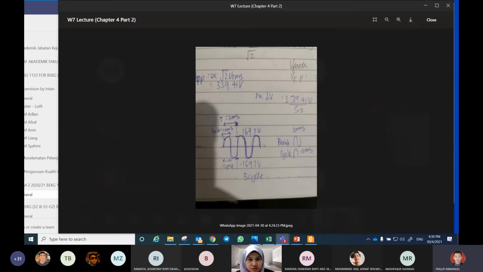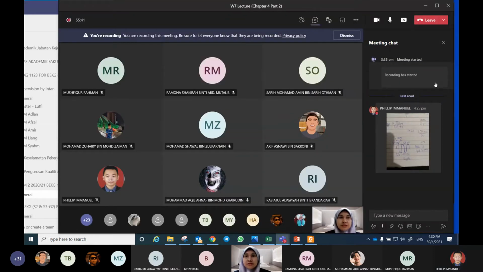Now we have 1, 2, 3 only. But you should add another 2 cycles, because there are 5 cycles displayed on the screen. Understand or not? Okay, I understand.